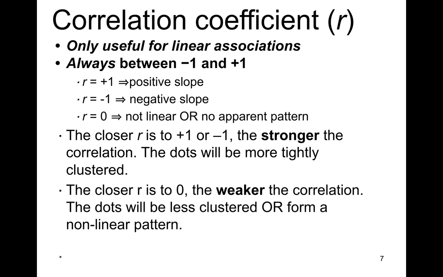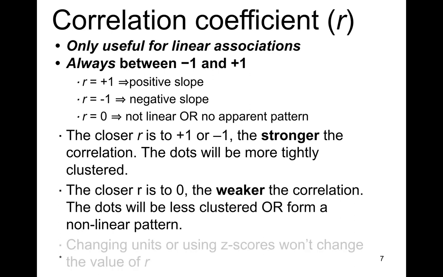So basically, a strong correlation will be one that is either close to 1 or close to -1, depending on whether it's positive or negative. A weaker correlation will be one that's at 0 or close to 0, right? And that means that they'll either be less clustered, spread out more, or will form a non-linear pattern.